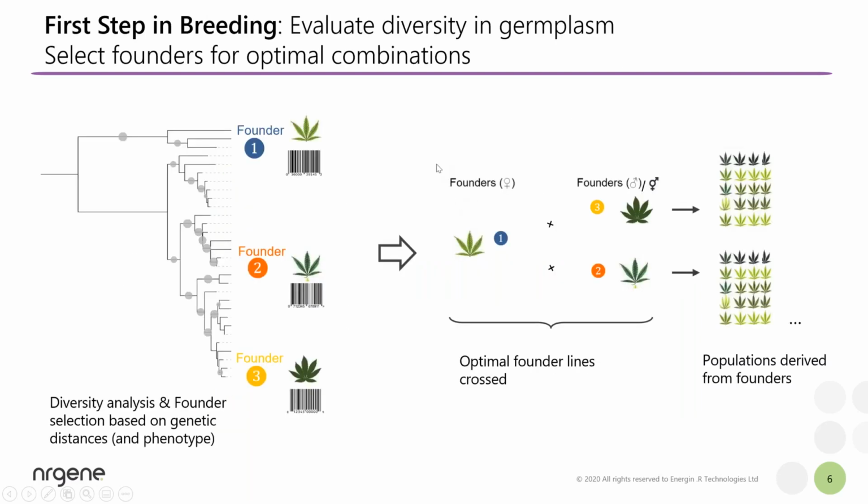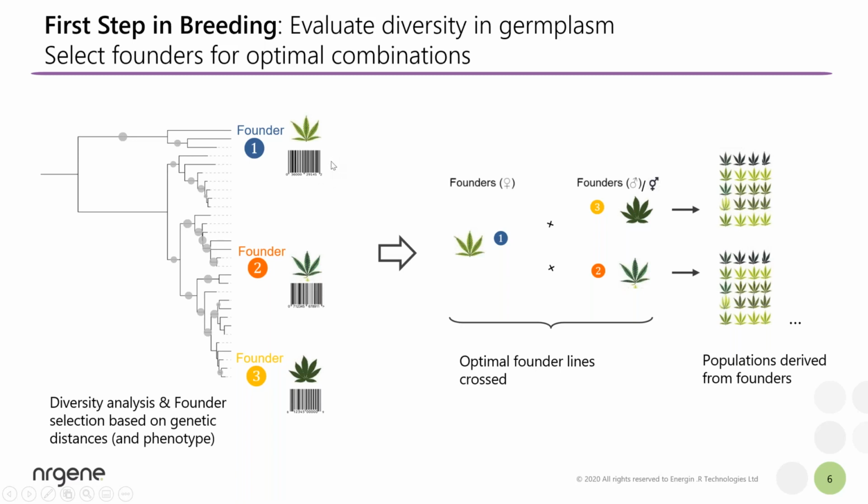So as I mentioned, the first and high priority step in any breeding program is to understand what kind of germplasm you have. It's kind of trivial to cannabis breeders that you have to grow your varieties out and test them and do pheno hunting, or at least phenotyping in various degrees of thoroughness. But it's also crucial to understand the genetic makeup and the composition of your population.